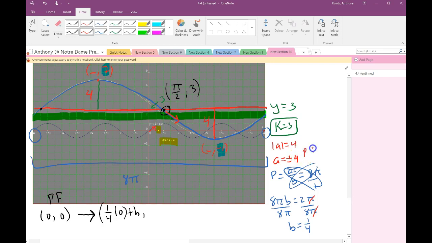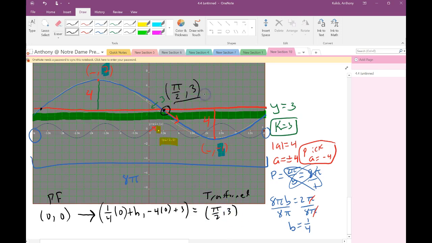Since I do that, I'm going to pick the negative for A. So I have negative 4 times sine of 1/4 times 0 plus h, plus 3, and that has to give me my transformed point, which we said was pi over 2, 3.